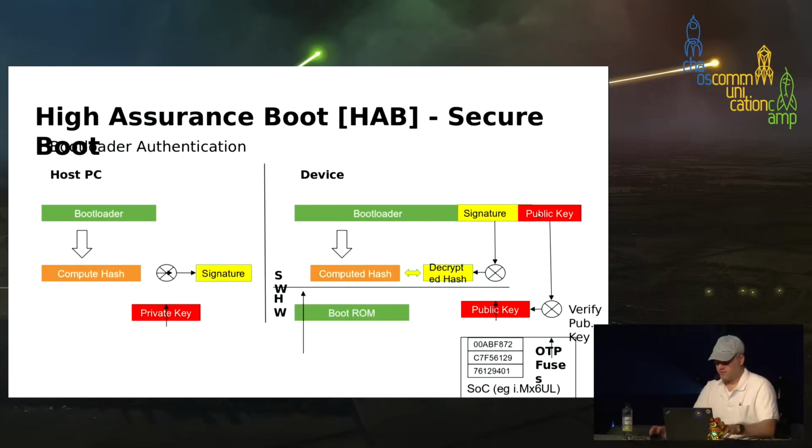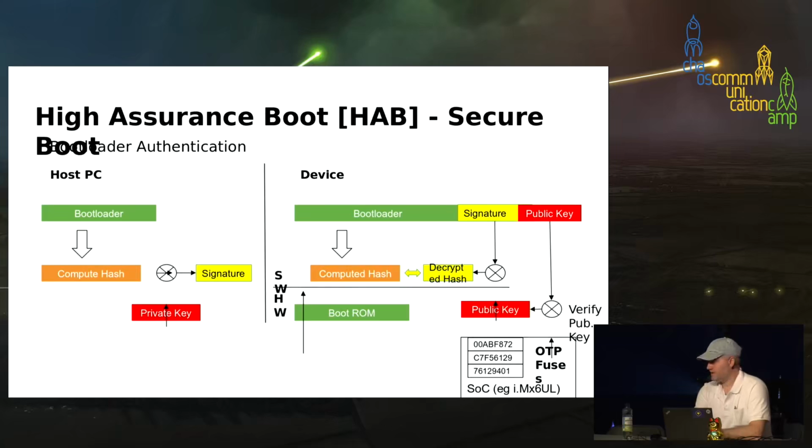The whole image will be loaded by the initial bootloader. It will extract the public key and hash the public key. It will verify that the hash of the public key matches the hash values burned into the CPU.